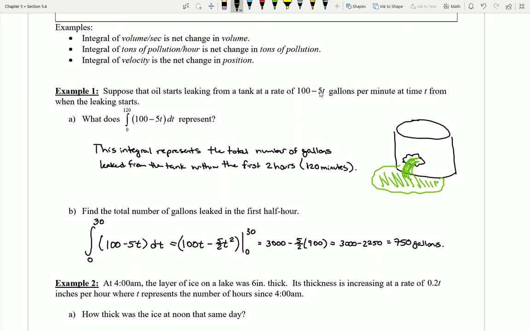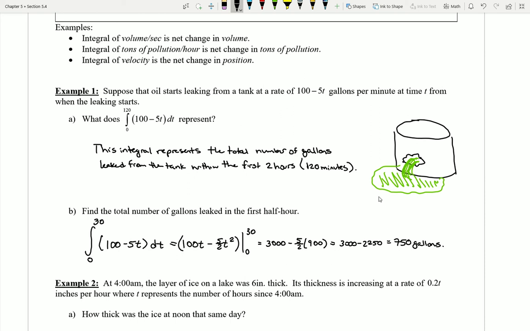And anything past 20, I'm actually going to have a negative gallons per minute, which means that the liquid will be picking up off the floor and jumping back into the tank. So obviously this is a completely ridiculous rate, but if such a scenario was possible, then all of these calculations would make perfect sense.